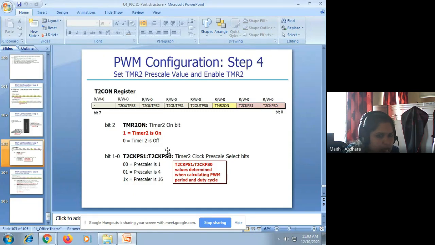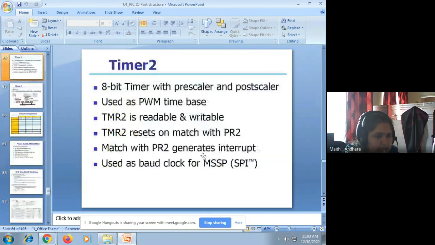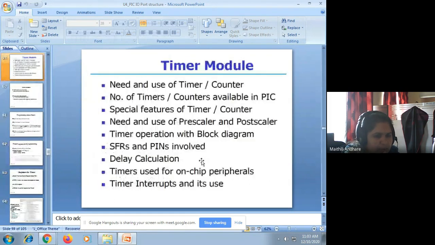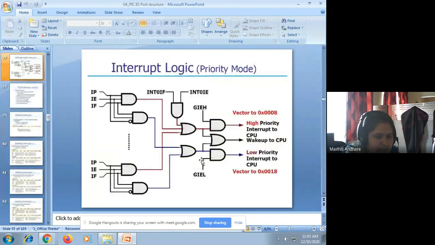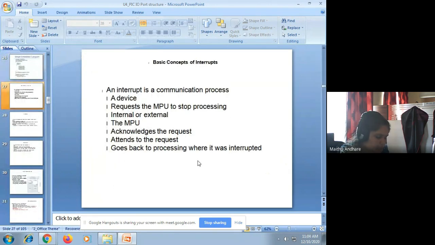Okay, so right now you just have to remember that as far as the timer is concerned, four to five timers are available. How they are different from the 8051 microcontroller is that in the 8051 the straightforward timers are used to generate the delay, and they can be used as a counter. These two operations are performed by the timer.